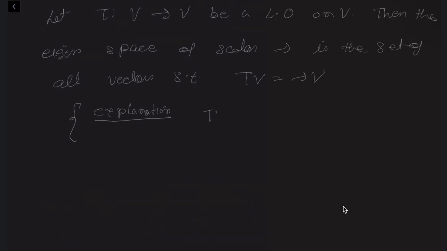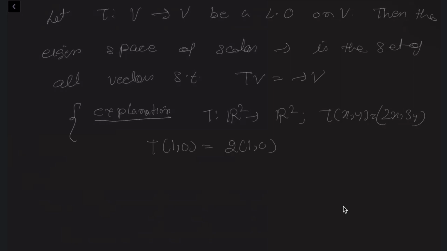For the example that we just saw from R2 to R2, with T of x, y equals 2x comma 3y, I saw that 2 was an eigenvalue and 1 comma 0 was an eigenvector. T of 1 comma 0 was nothing but 2 times 1 comma 0. So 2 is an eigenvalue and 1 comma 0 is the eigenvector.